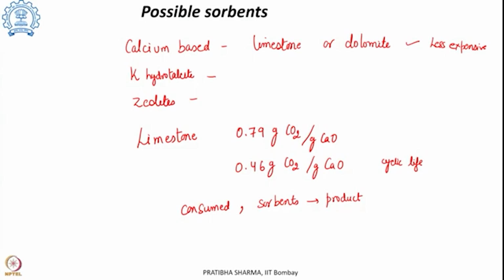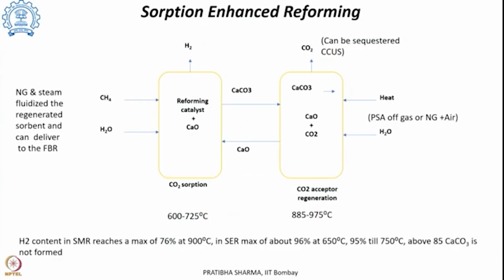Now, if we look at the process of sorption enhanced reforming, the methane and steam go into an adiabatic fluidized bed reactor wherein all 3 reactions take place, that is important.